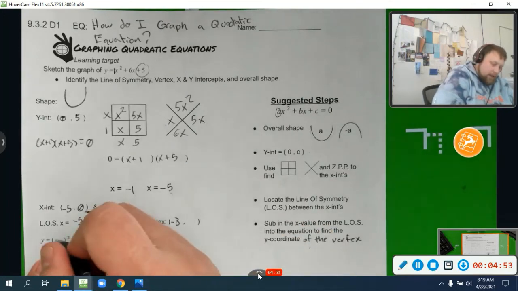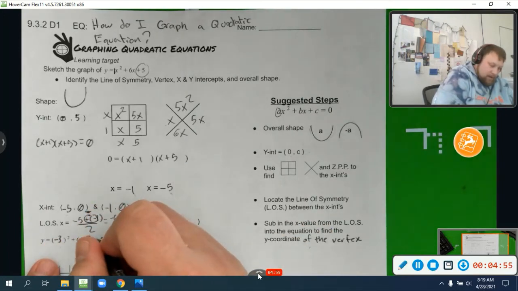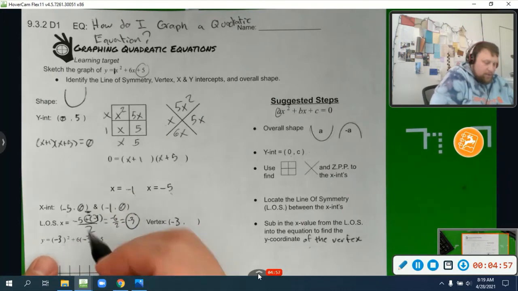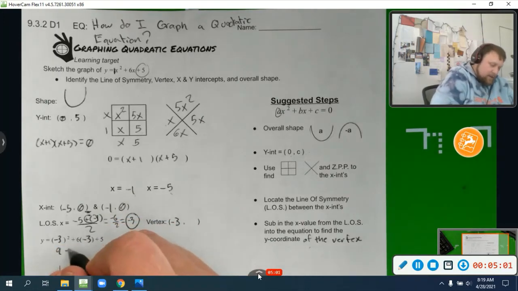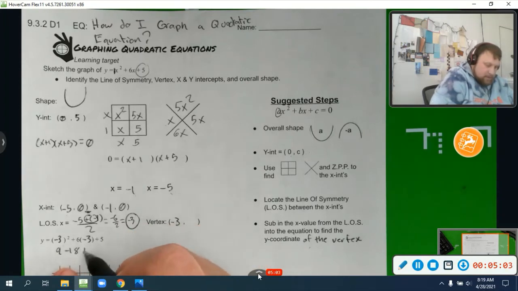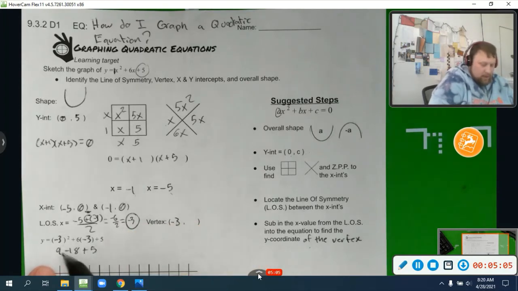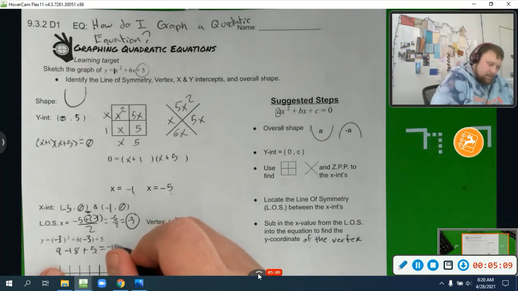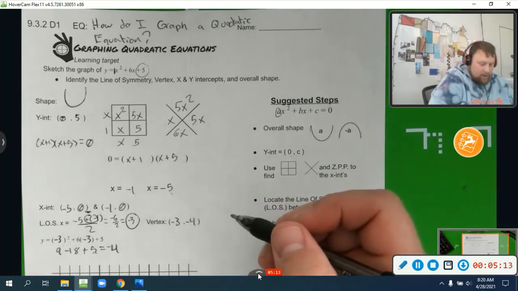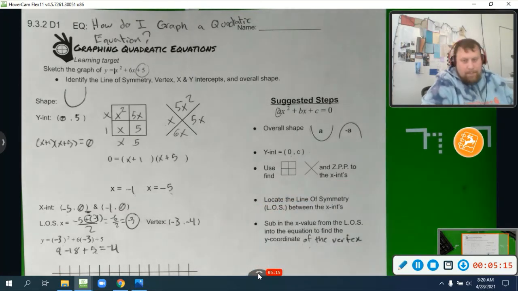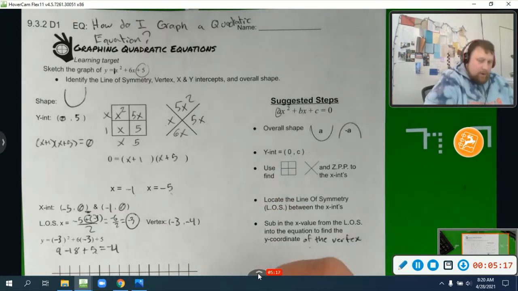We're going to plug in negative 3 to that. Negative 3 squared is 9. 6 times negative 3 is minus 18, plus 5. Okay. 9 plus 5 is 14. 14 minus 18 is negative 4. So we got negative 4 right there. And boom. We are ready to start graphing.